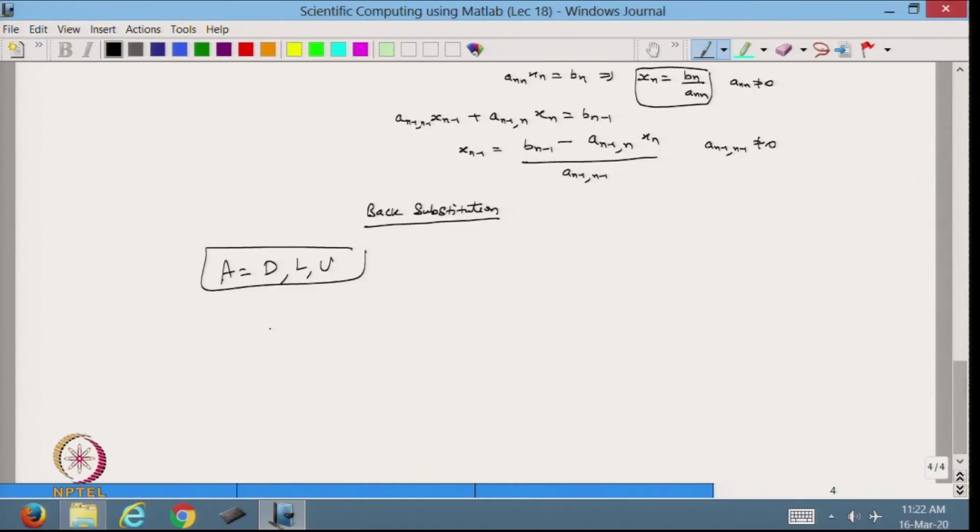So, our main purpose now is to transform the matrix. This is my matrix, an n cross n matrix, and I will transform this matrix either into diagonal form, lower triangular or upper triangular form, and then from there we will be able to solve the system very easily.